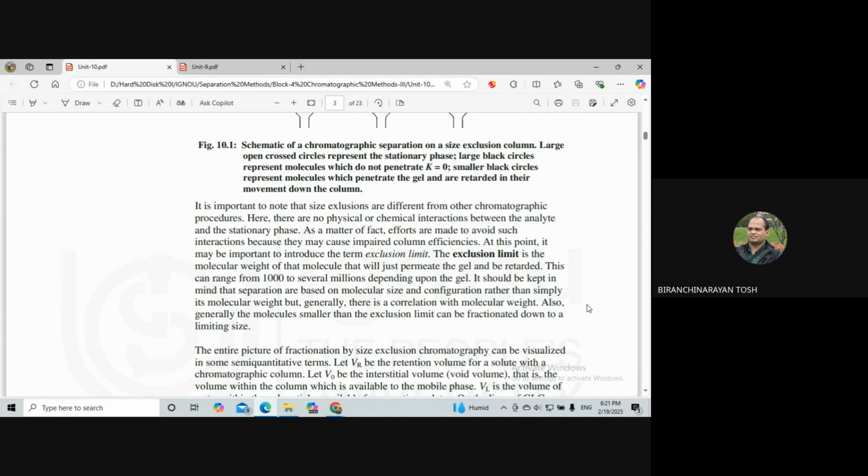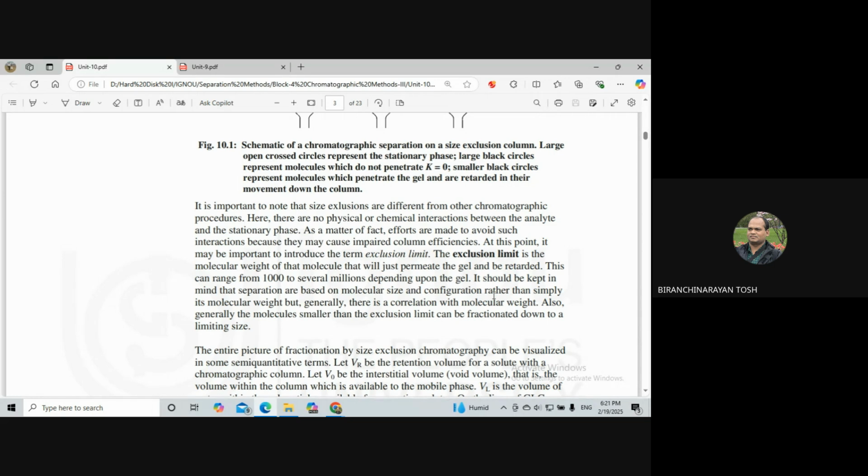Polydispersity index is the ratio between the weight average molecular weight and number average molecular weight. So once we get the number average molecular weight and polydispersity index, we can find out the weight average molecular weight of the polymer also. That's what is indicated in this paragraph here.